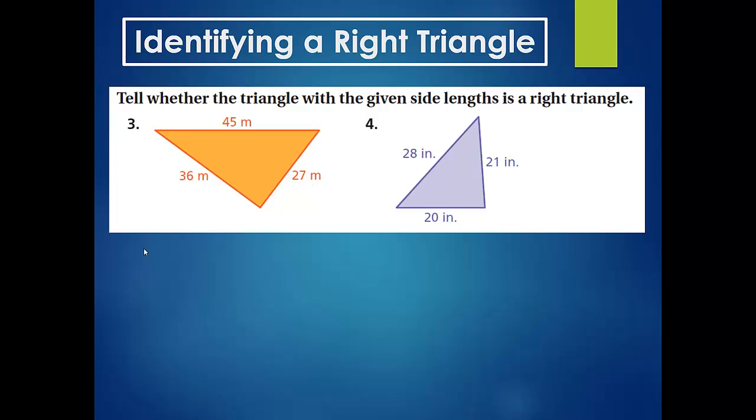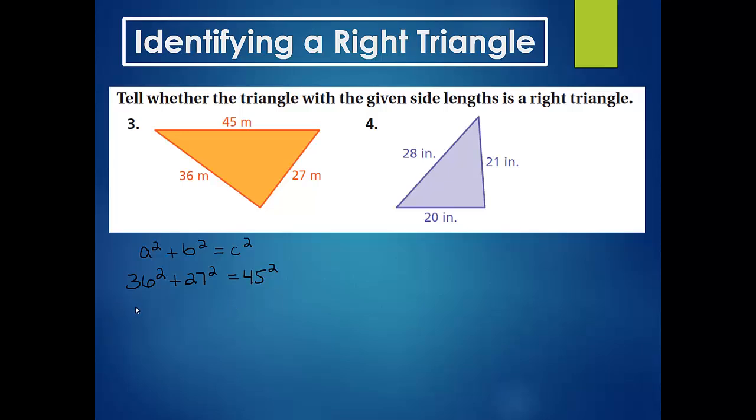So we can go ahead and say A squared plus B squared equals C squared. A we can say is 36, so we'll have 36 squared plus 27 squared equals 45 squared. When we work out this problem, if it works out, then this is a right triangle. If these numbers do not work out, then it is not a right triangle.